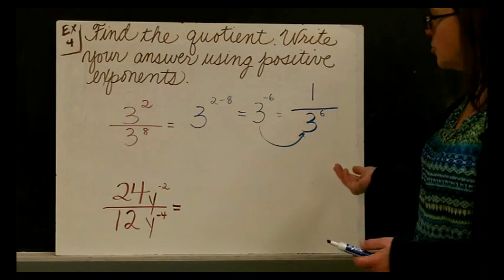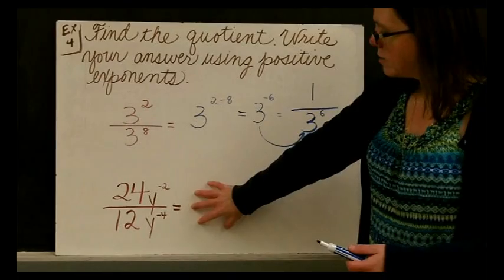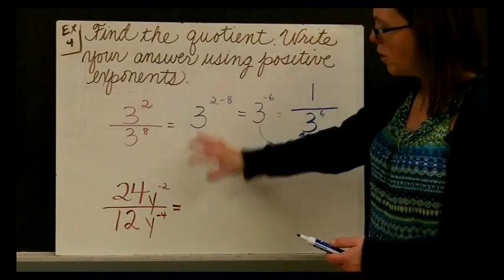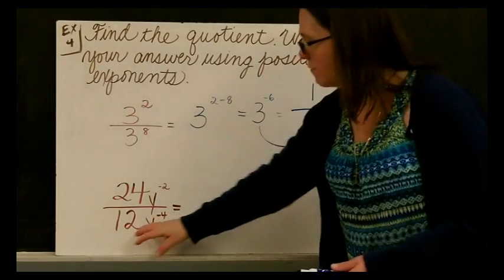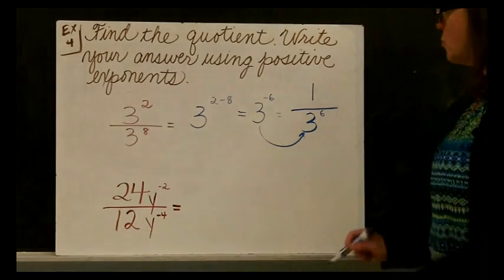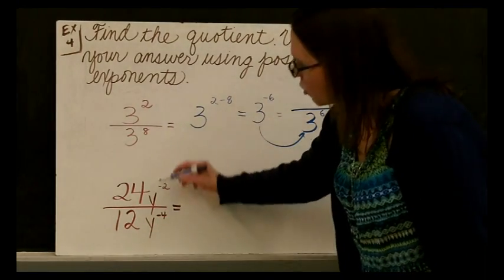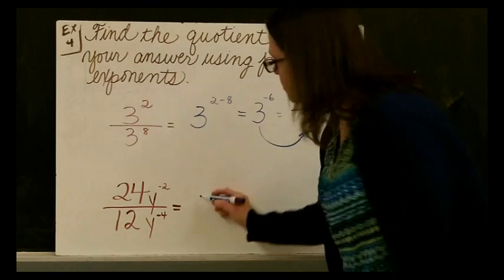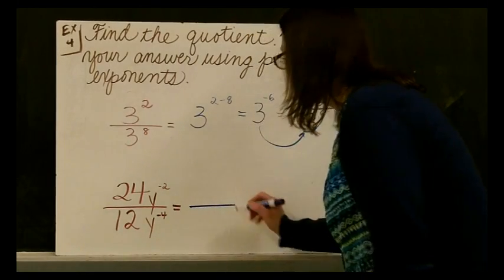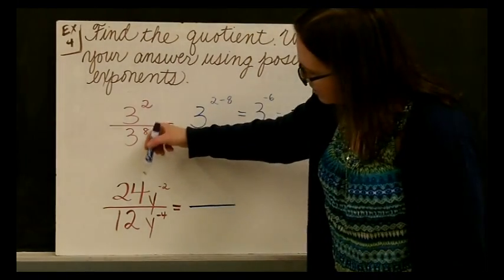And now what we're going to do before we finish is do our next part where we do have coefficients and powers. And just as we did before, we're going to look at this in separate pieces.